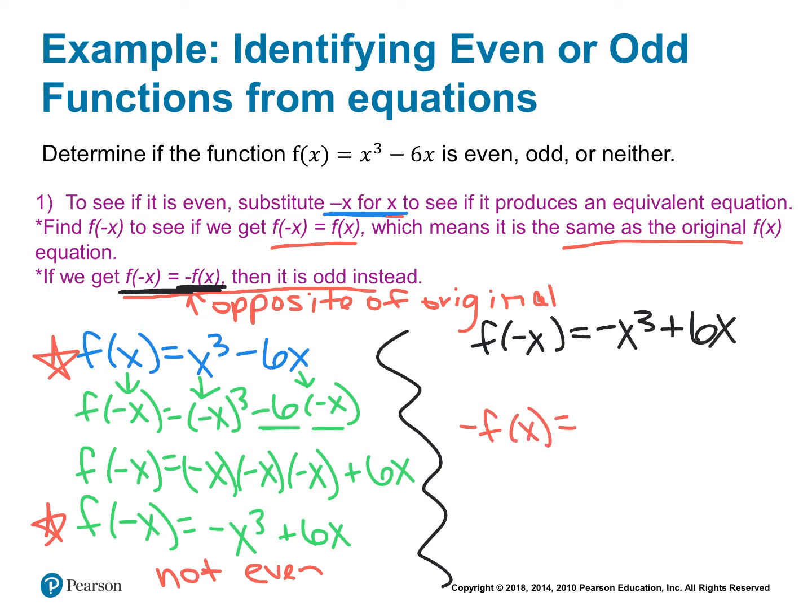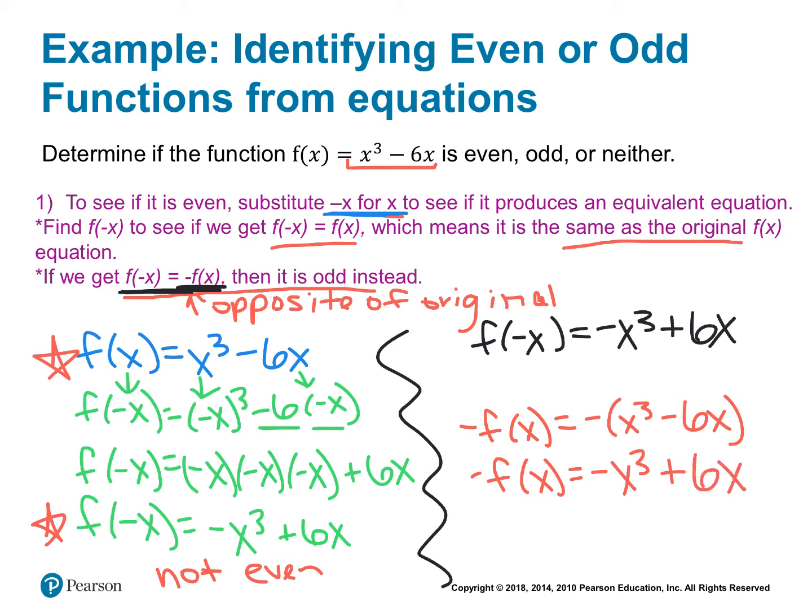Okay, so really what I'm doing is I've taken the opposite of this whole thing. So the opposite of the original is, I'm going to distribute that negative through. Okay, so let's look at what just happened.